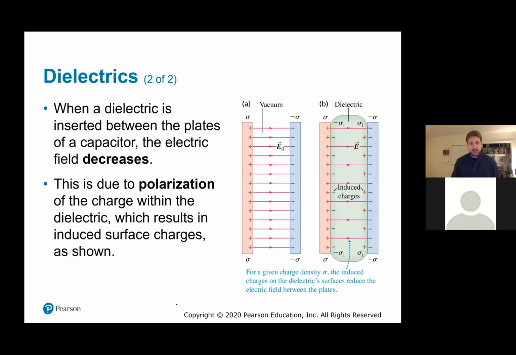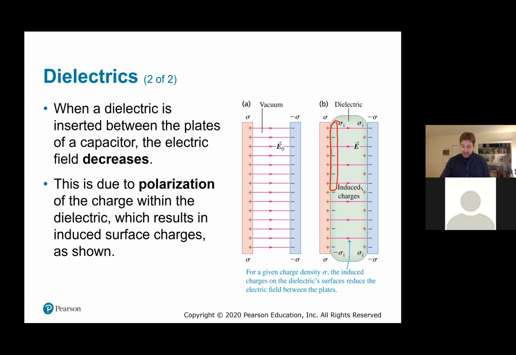What is going on? What's actually happening? If the voltage is decreasing, the electric field must be decreasing as well. And what's happening is that we're inducing surface charge on the inner surfaces of this material that opposes, is attracted to the charge density on the plates of the capacitor itself.